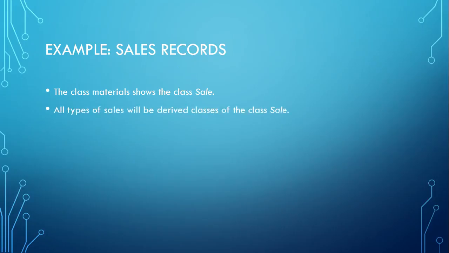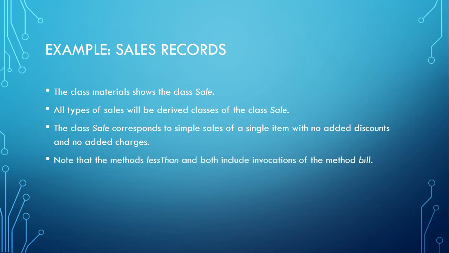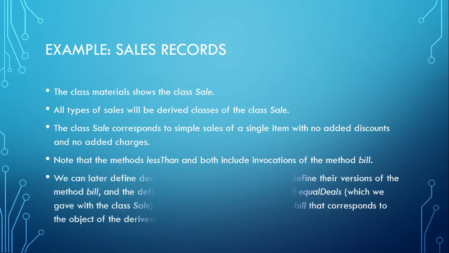So now that we've looked at that, let's dive back into the materials here. All types of sales are going to be derived classes of the class Sale. The class Sale corresponds to a simple sale of a single item with no added discounts and no added charges. Now you'll see that we had the methods lessThan and equalDeals, and both of those methods have invocations of the method bill.